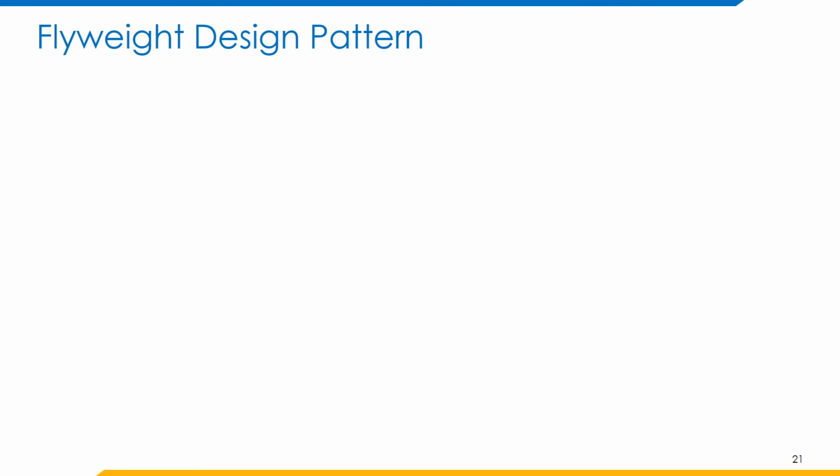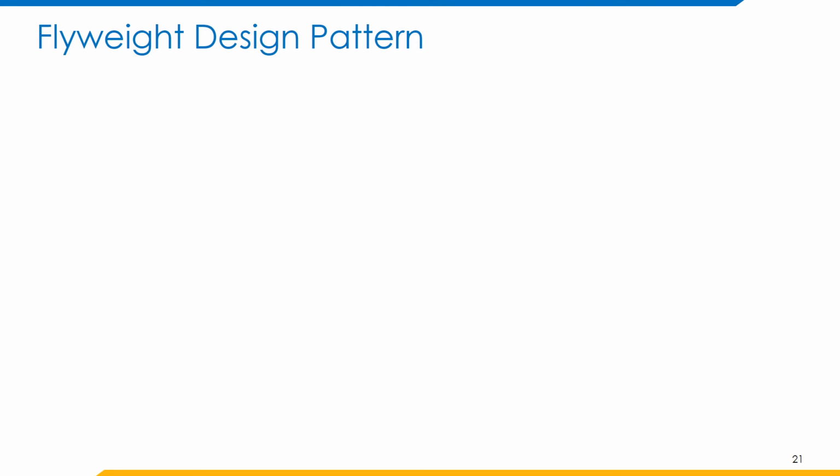Means when we are developing any project, there are multiple classes, and in those classes some data are common for some classes. In that case we will develop two types of classes, one for the common data and one for the uncommon data.